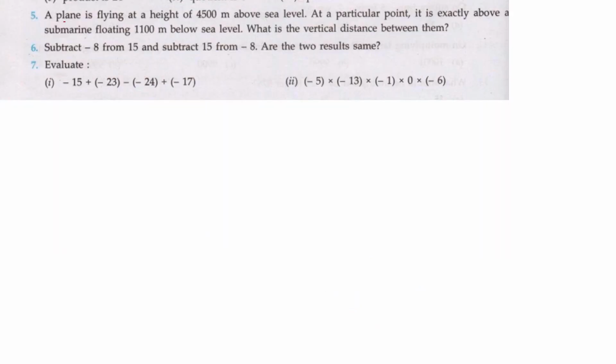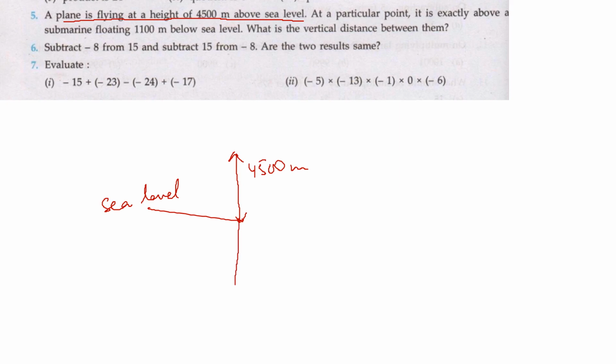Now, a plane is flying at a height of 4,500 meter above sea level. Let us say this is the sea level. At a particular point, it is exactly above a submarine floating.